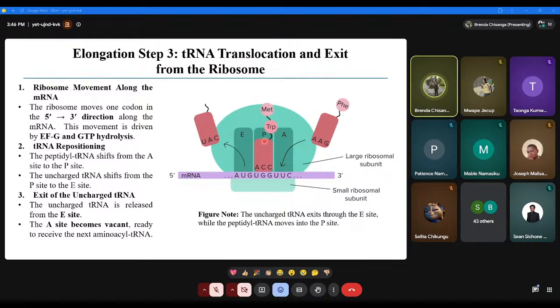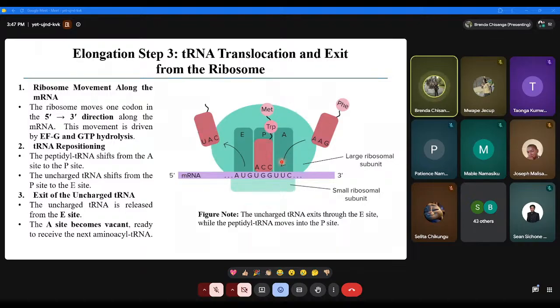Once the tRNA moves from the A site to the P site, another codon moves into the A site, and it also needs to be read. Because the A site is empty, another tRNA carrying the corresponding amino acid, that is to say, that can be translated for this codon, is brought into the ribosome in the A site.